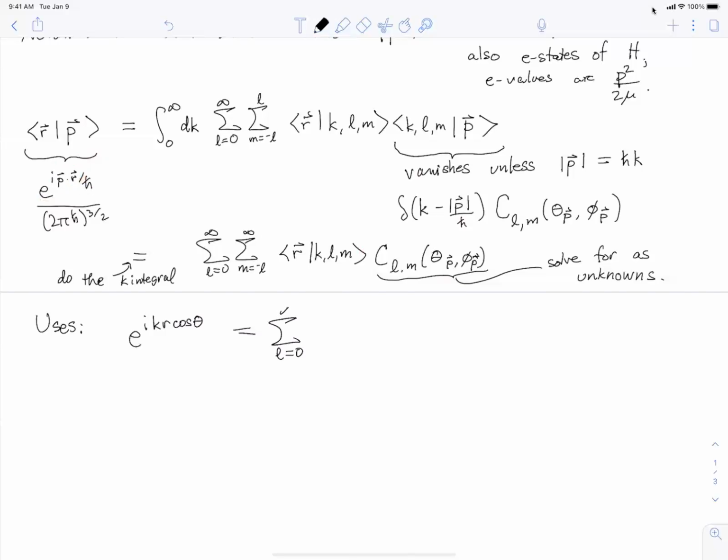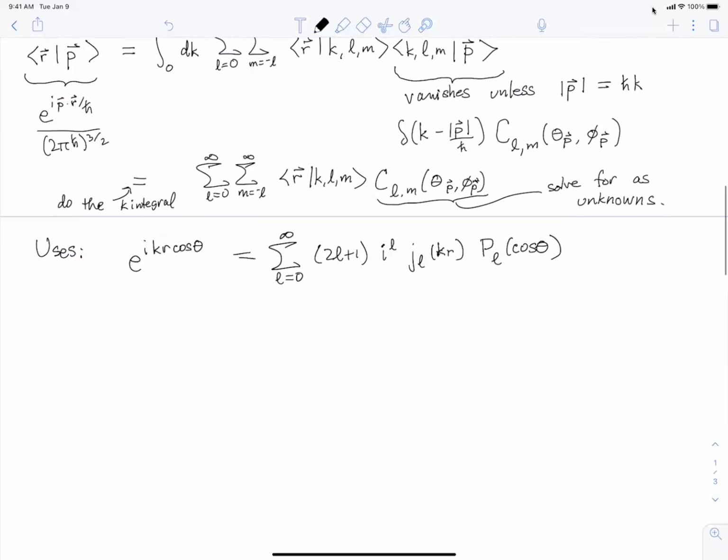There's no sum over m in this, but it's 2l plus 1, i to the l-th power, that's the square root of negative 1, times a spherical Bessel function times a Legendre polynomial. So that's kind of a magic formula.